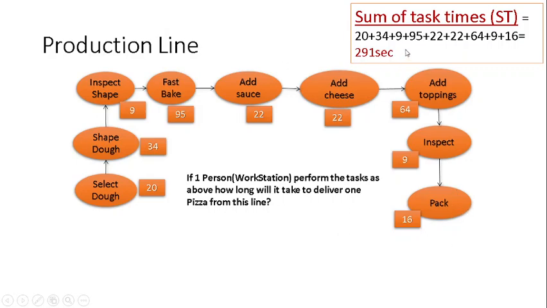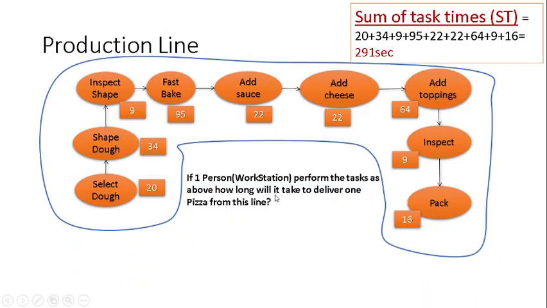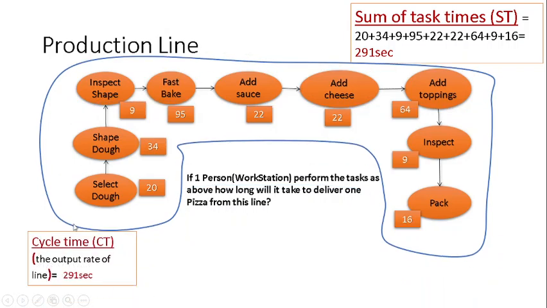So the cycle time, as we define it, which is the output rate of our line, is 291 seconds, which means that if one person here undertakes the entire set of tasks, then one pizza, one product, one unit is going to be produced from this line, from this setting, within 291 seconds.